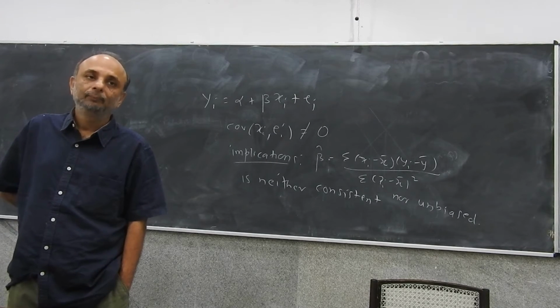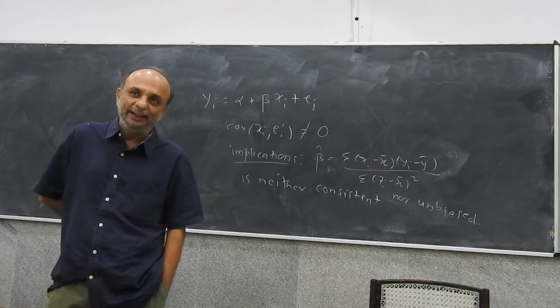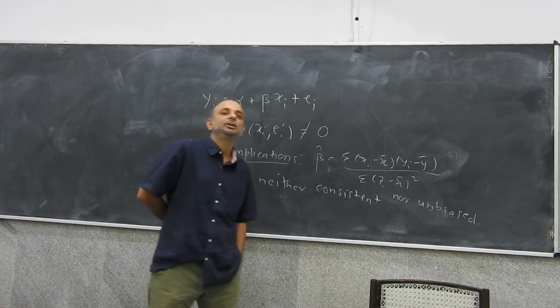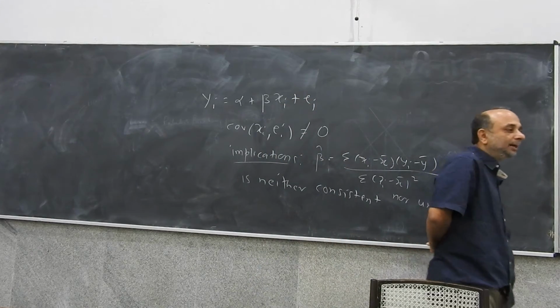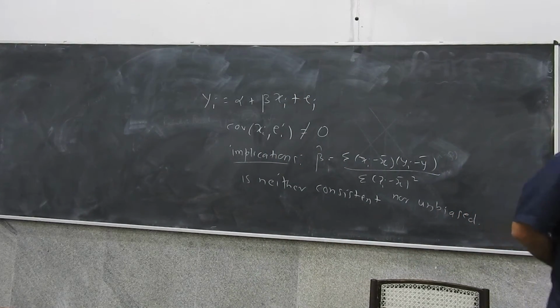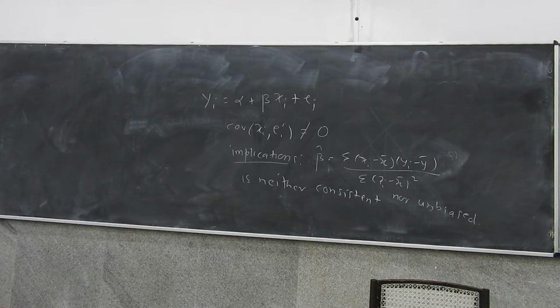Because the formula beta hat is derived from the idea that beta is equal to covariance xy upon the variance of x. And to derive that formula, you have to assume that x and e are uncorrelated. If x and e are correlated, then beta equal to covariance xy upon the variance of x is not a formula for beta.